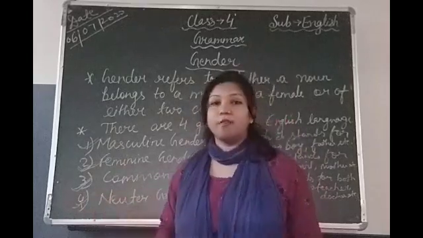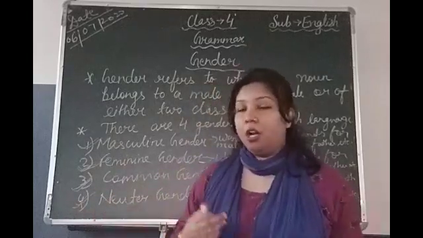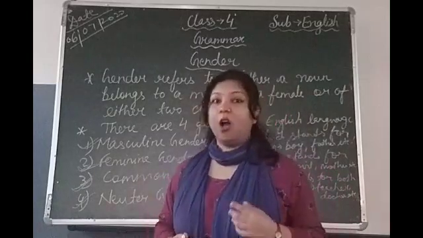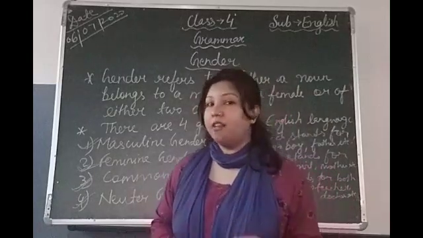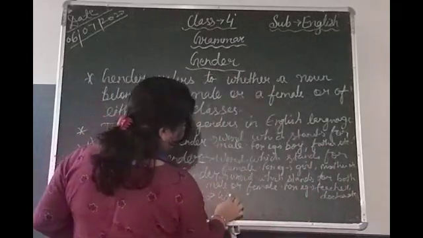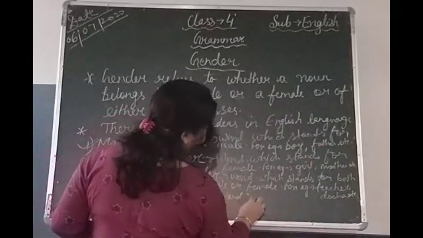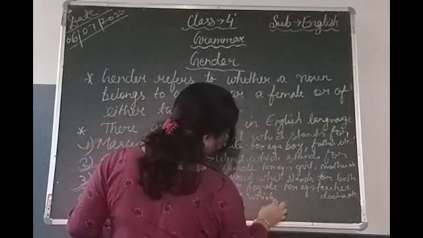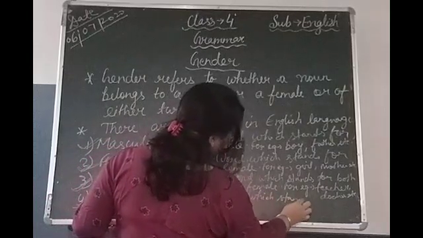Okay. Now last one is neuter gender. Neuter gender means the word which stands for things without life. Okay, it means that they are non-living things. It's called what? Neuter gender.